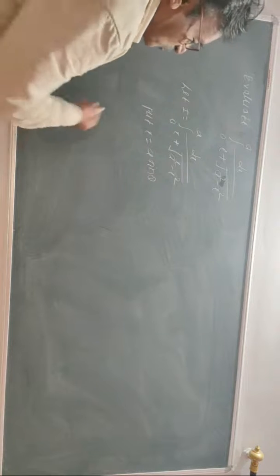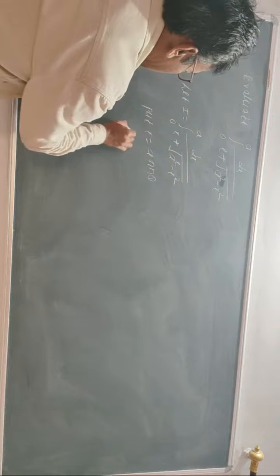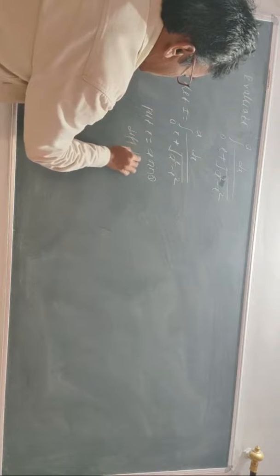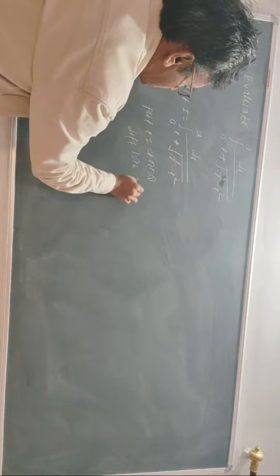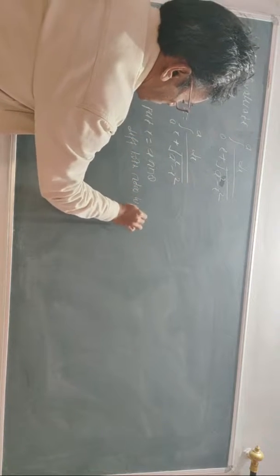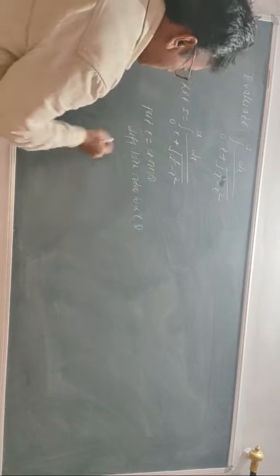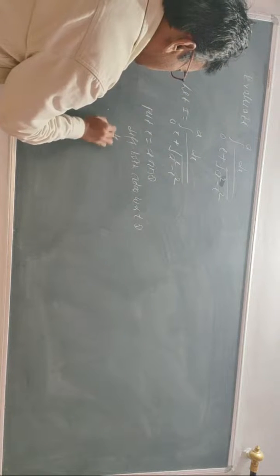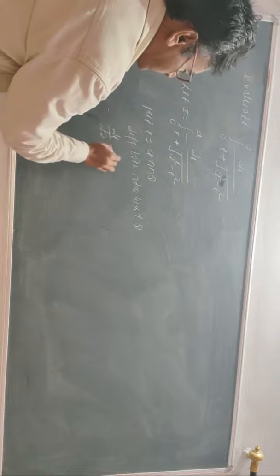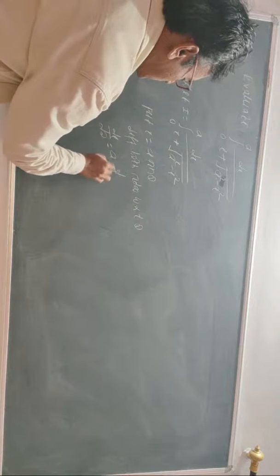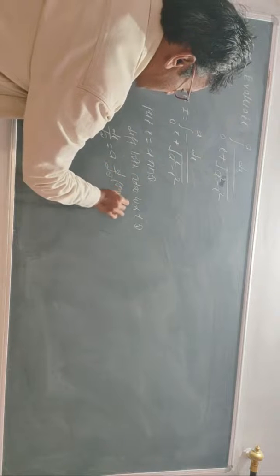Then differentiate both sides with respect to theta. Therefore dx by d theta equals a, a constant, times d by d theta of sine theta.